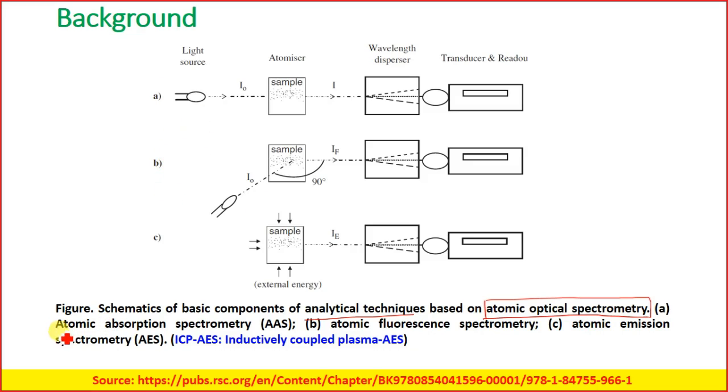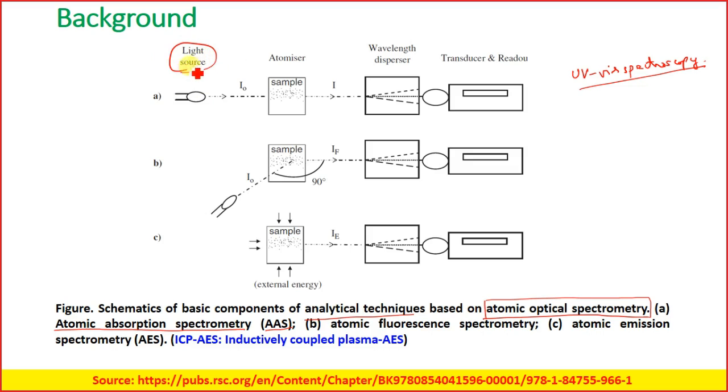The first one is atomic absorption spectroscopy or spectrometry, which in short we call AAS. This is similar to UV-vis spectroscopy. Here we have a light source.